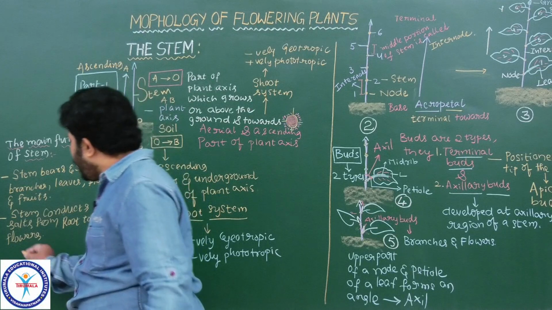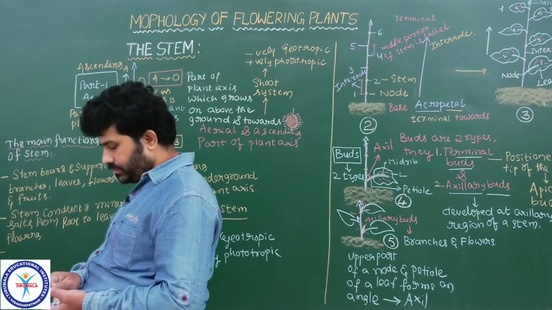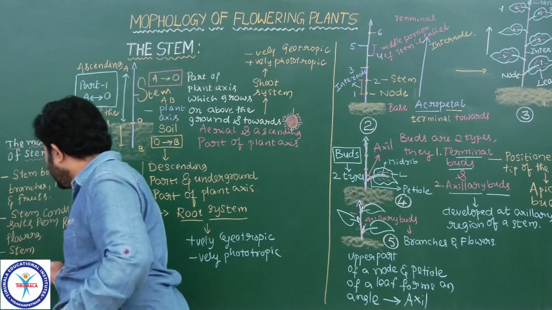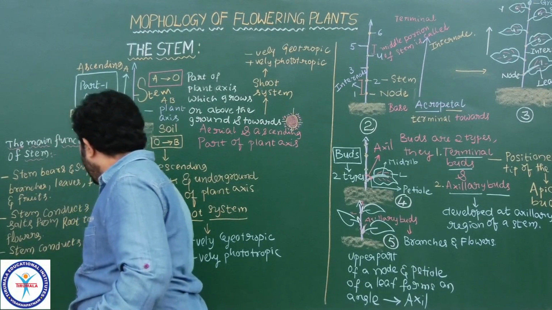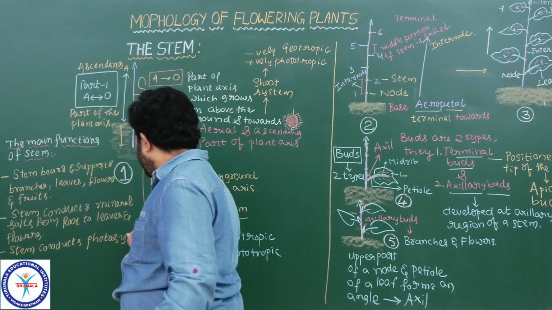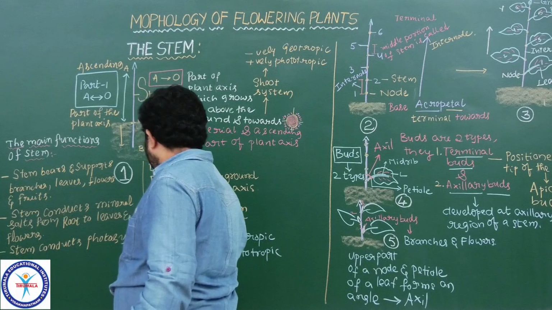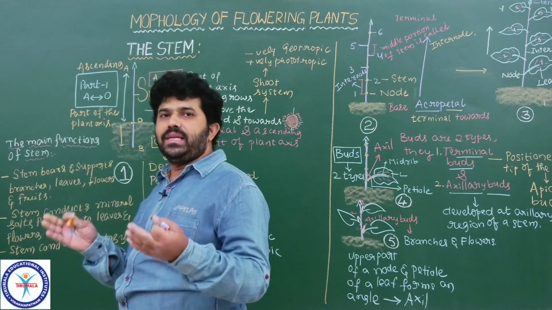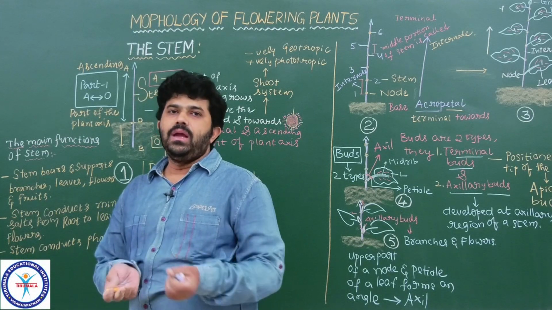Now got the point. And one more important function is that the stem conducts photosynthates. Photosynthates means the products produced in the process of photosynthesis, like sucrose, different sugars, carbohydrates and different nutrients.